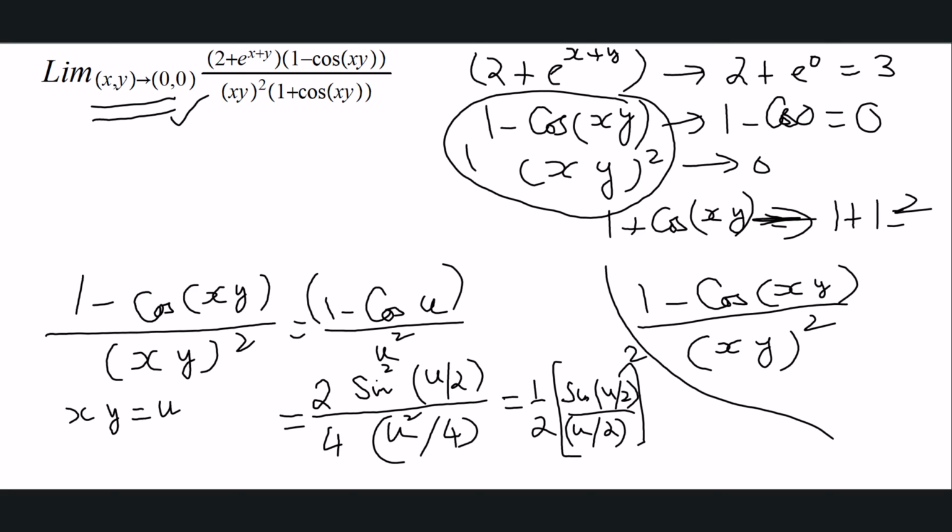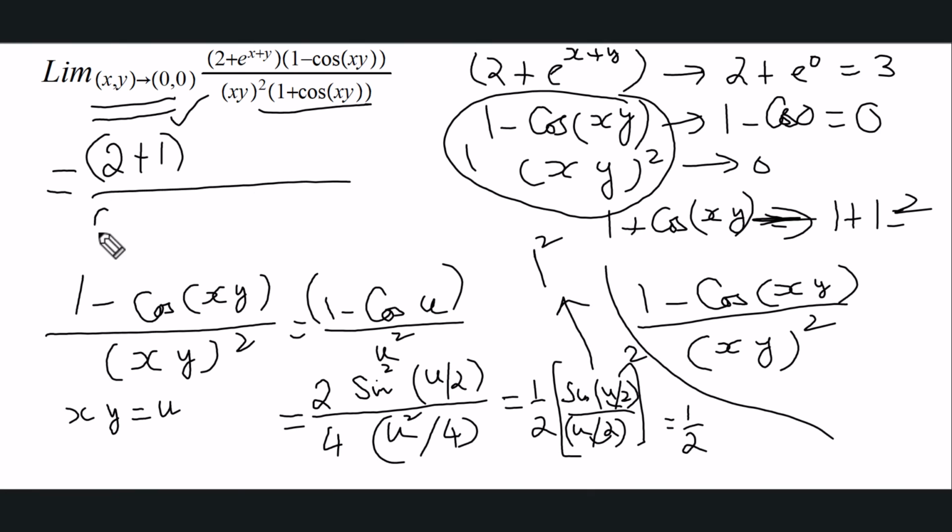And as u goes to 0, I have the same variable here as here. So from calculus 1, you know that this quantity will go to 1 square, that is simply 1 over 2. So if I have to write this limit, what my answer will be is 2 plus 1 for this, and this would be how much? 1 plus 1.